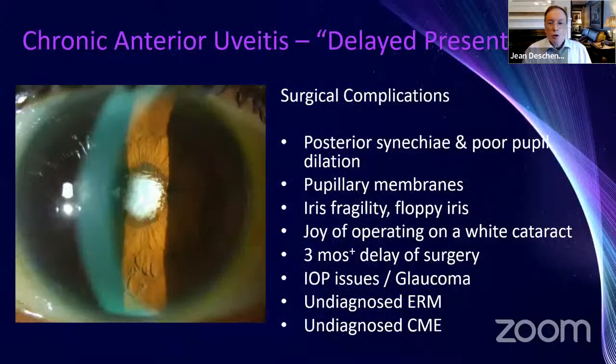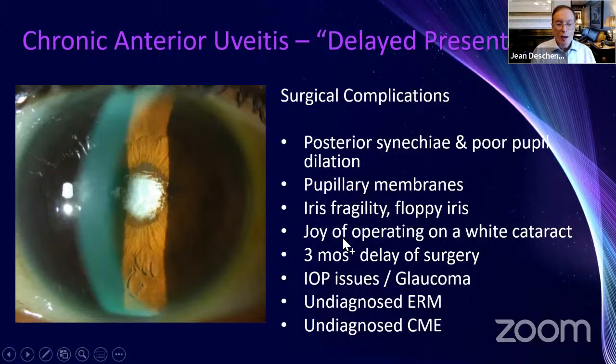So chronic anterior uveitis, delayed presentation. There will be surgical complications with anterior uveitis, like posterior synechiae, poor dilatation, pupillary membrane, iris fragility, floppy iris, and also the joy of operating on a white cataract.